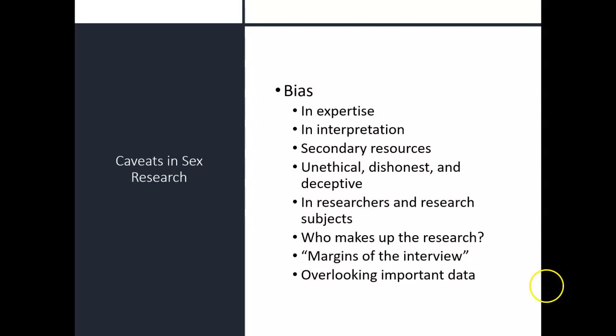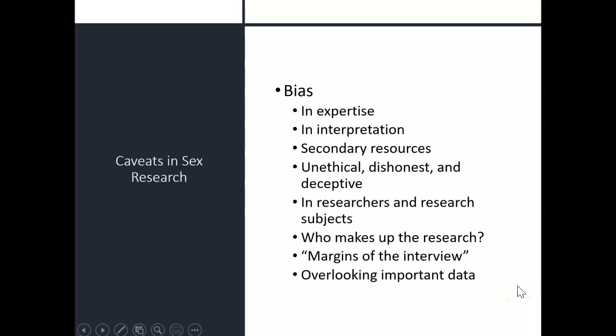So we have to be very careful, and that's another reason why we rely on the peer review process to evaluate pieces of research and hopefully to clearly ferret out some of these unethical, dishonest practices that could lead to misunderstandings and misinformation.